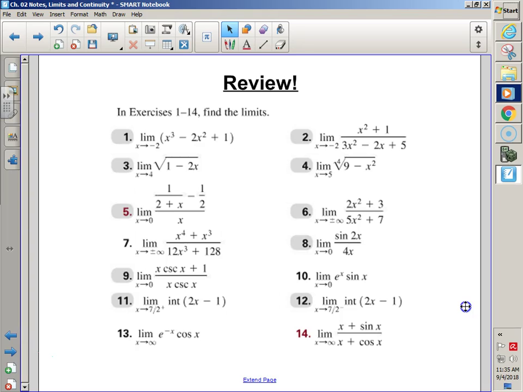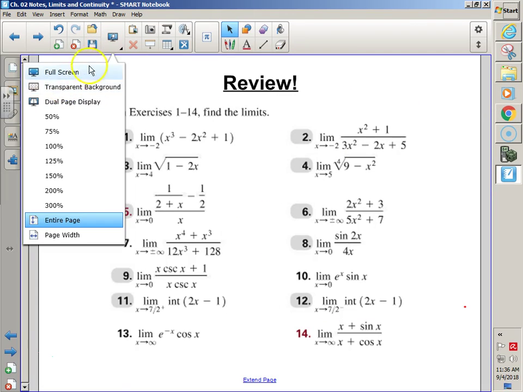Feel free to reach out in your groups. I have the evens that we could check. I could dual page it and show more problems. A few people look kind of bored.